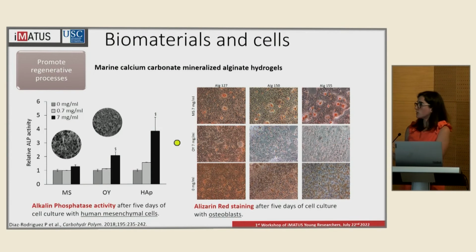It was lower than with hydroxyapatite, which is the gold standard ceramic for bone regeneration. And we also tested the alizarin red staining, which is going to also give us information about the formation of calcium deposits, which is directly related to osteogenic differentiation. We also saw the same trend.